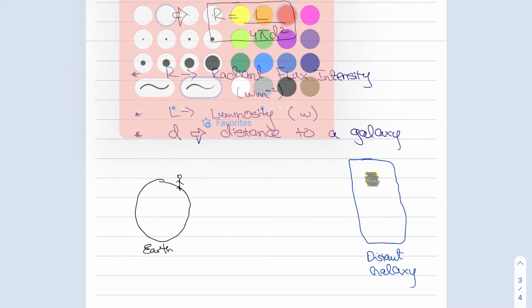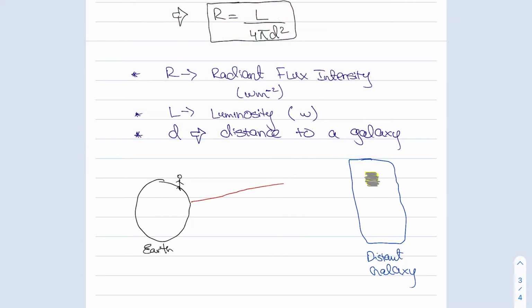Hence, they'll ask you to find the distance d. So this distance d is the distance from the earth to the distant galaxy, right? But you use a star for this, and this star will have known luminosity and known radiant flux intensity.